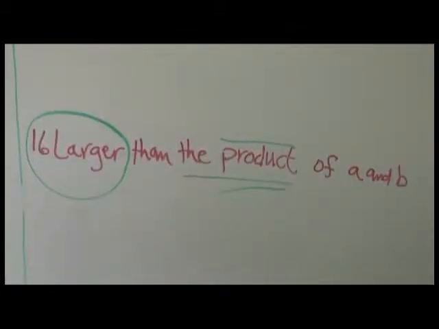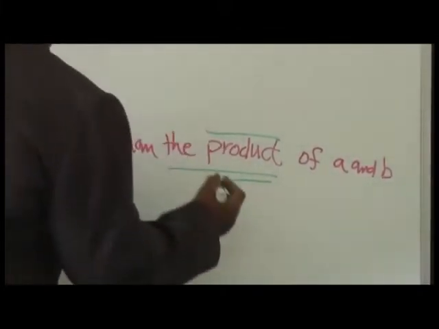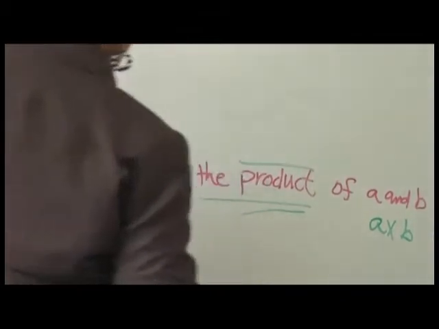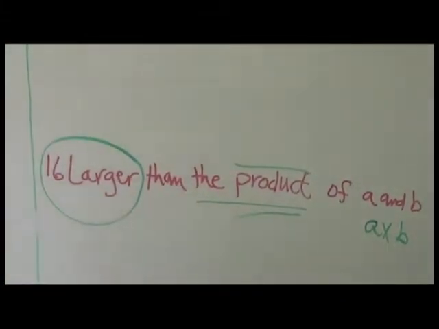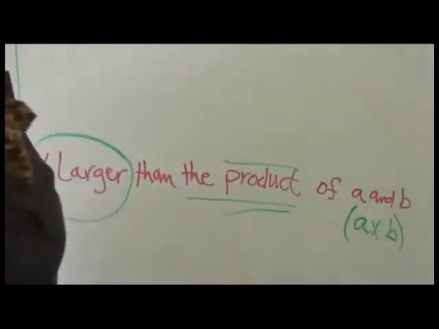Multiply. So we're multiplying. That's the operation involved. And what are we multiplying? A times B. Now, if somebody says something is 16 larger, what does that mean?